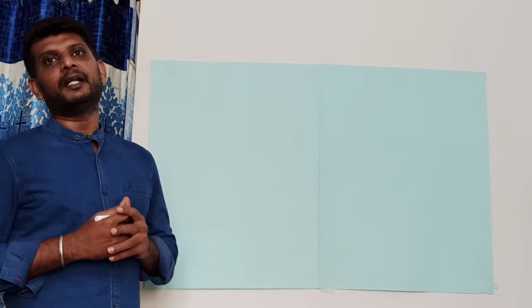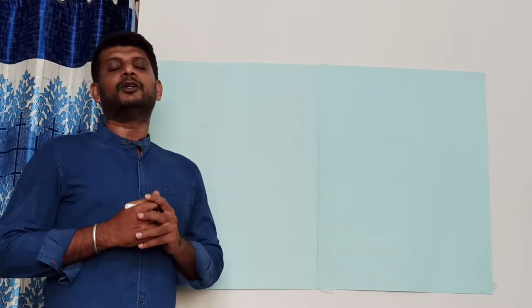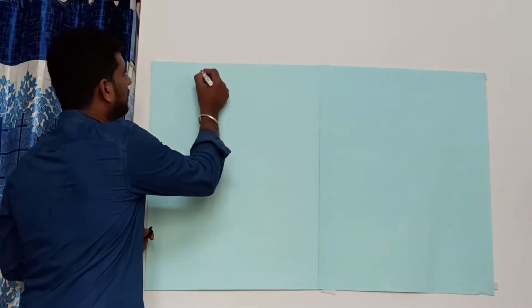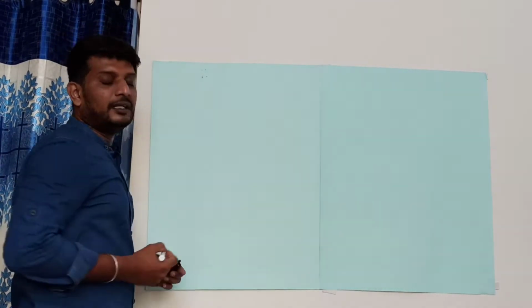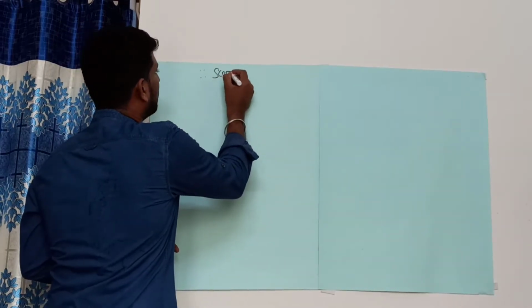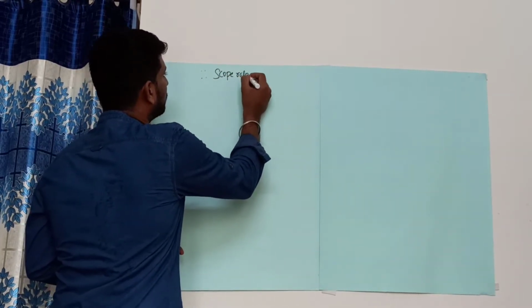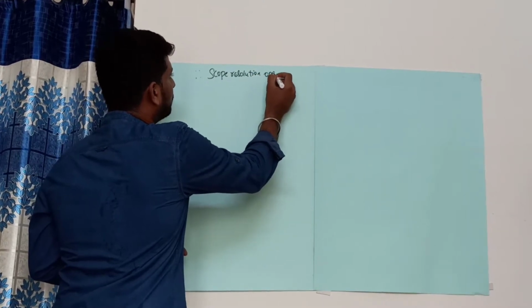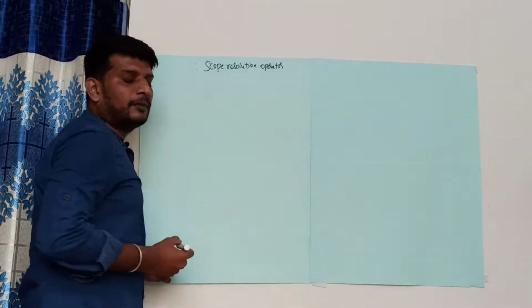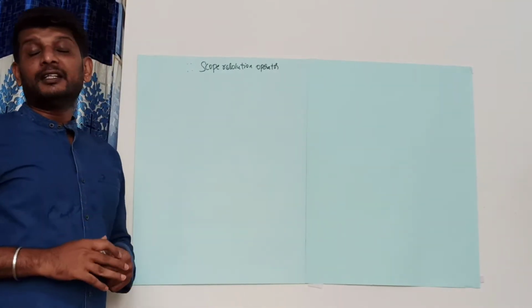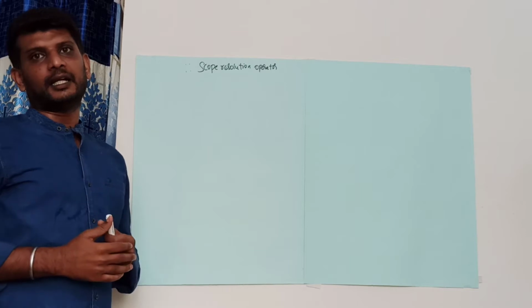The scope resolution operator will be used to define the member function outside the class. This is the symbol of the scope resolution operator. So, by making use of the scope resolution operator, we will be defining the member function outside the class.